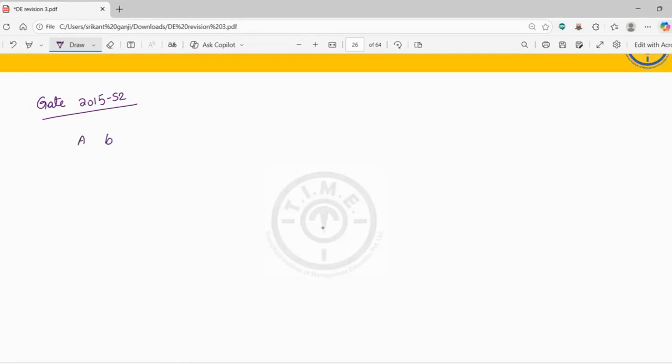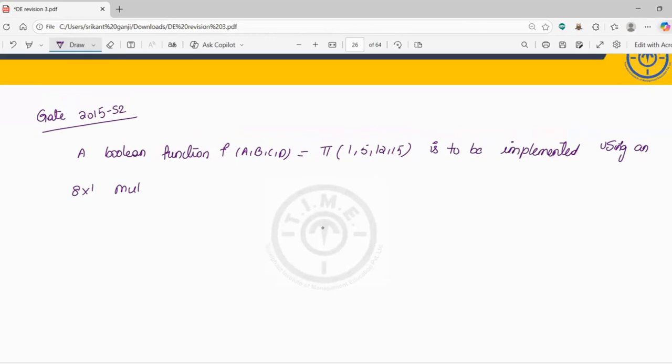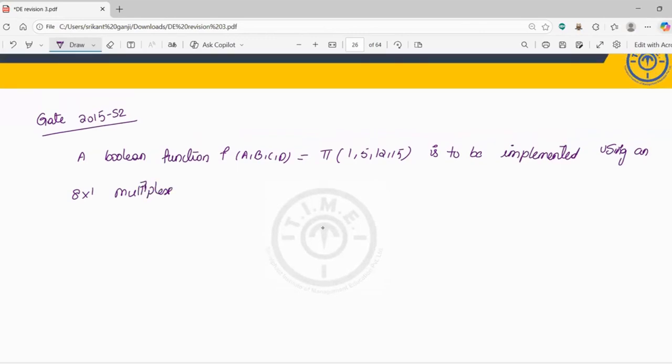A Boolean function f of a, b, c, d is equal to pi of 1, 5, 12, 15 is to be implemented using an 8 to 1 multiplexer, where A is MSB.